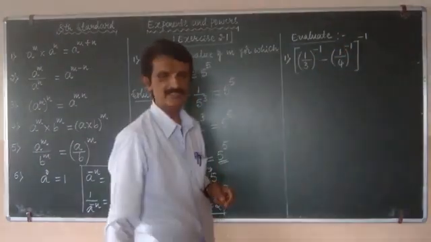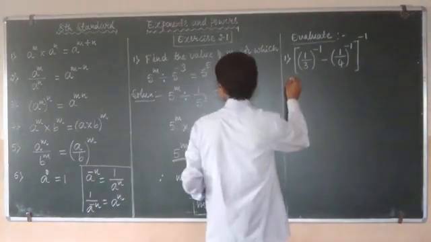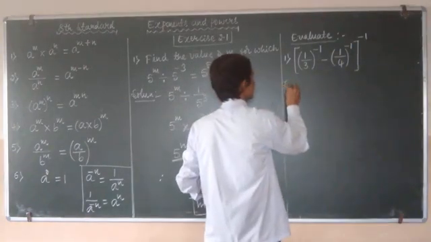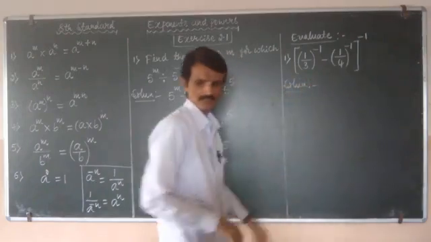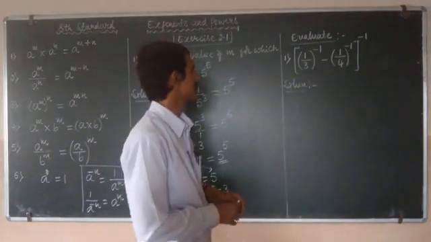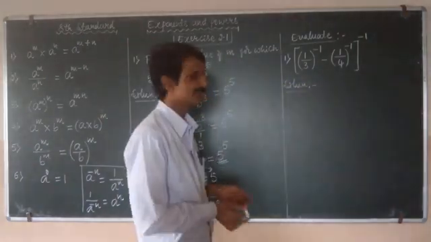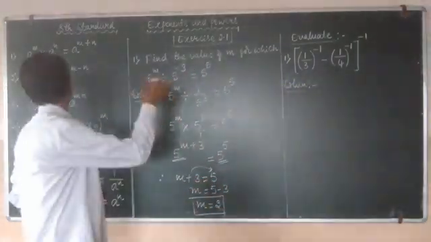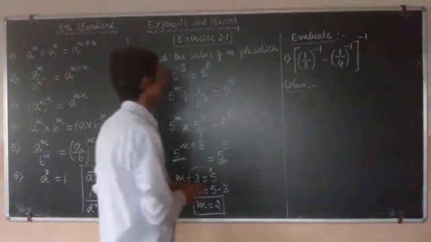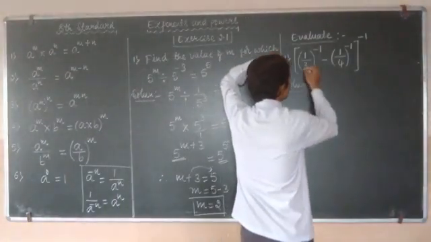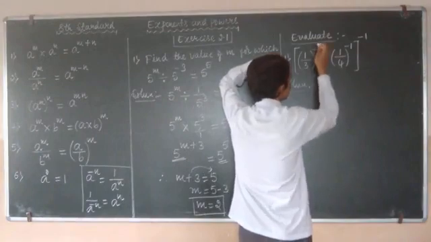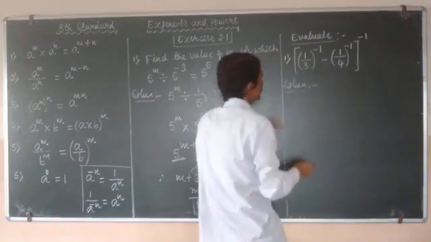So now we shall simplify. Solution for this: first we have to convert this to the positive. This can be written as 3 by 1. So then it will get converted to the positive.